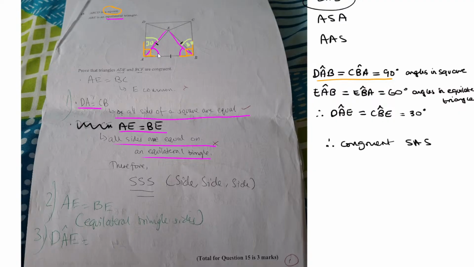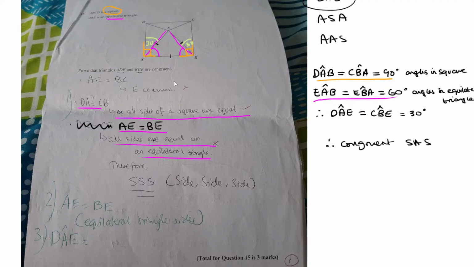Each angle in any equilateral triangle is 60 degrees, because you have to split the 180 equally between 3 angles. So I know, because it's an equilateral triangle, that this section here and the pink bit are the same angle as each other.